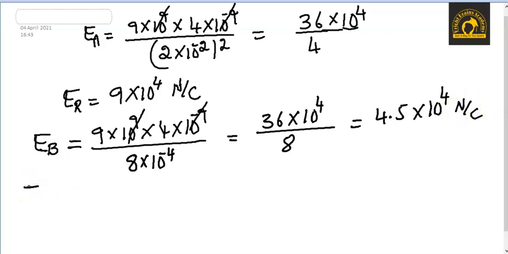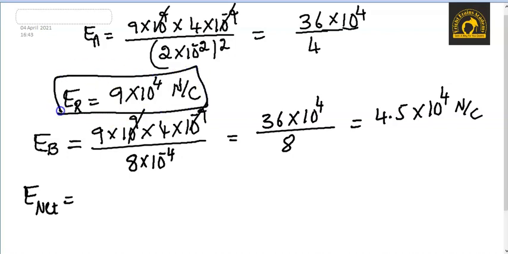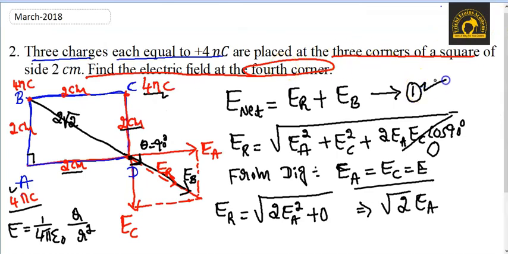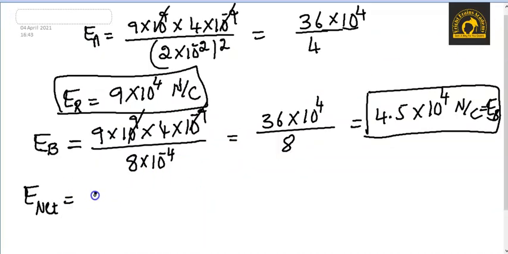Then put in equation 1, the net electric field. This is the E resultant electric field and this is the EB value, the electric field due to the B charge. We found both ER and EB values. So the net electric field is equal to 9 into 10 to the power of 4 plus 4.5 into 10 to the power of 4.